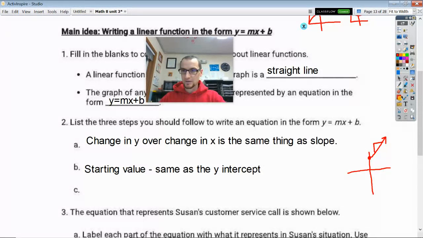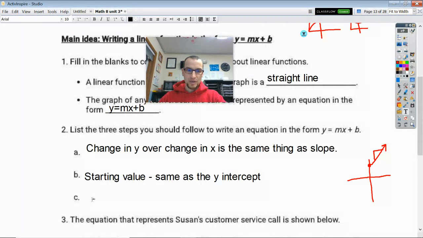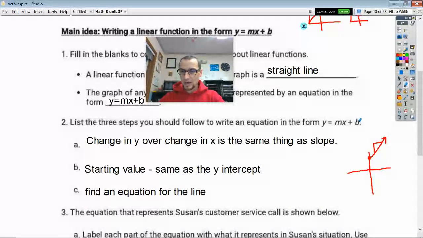And the third thing that you can do to write an equation in the form y equals mx plus b is to find an equation for the line. So you can find the equation by finding the y-intercept and then finding the slope, putting the y-intercept in for the variable b and the slope in for the variable m, and then you've got your equation for that line.